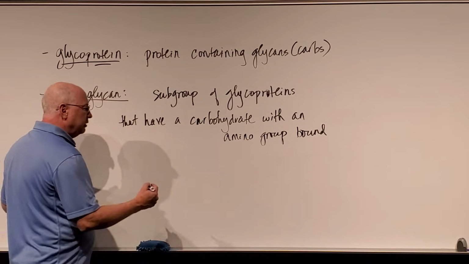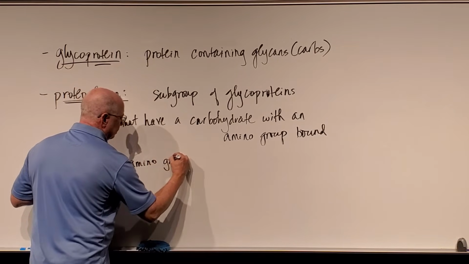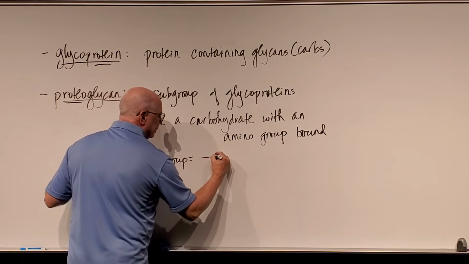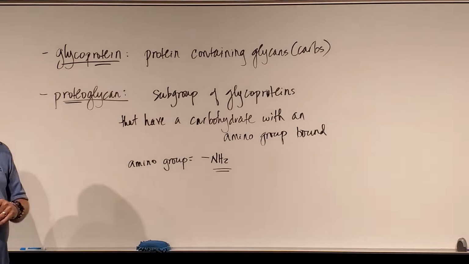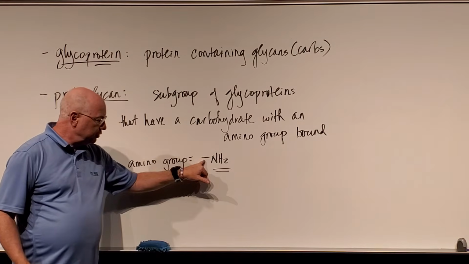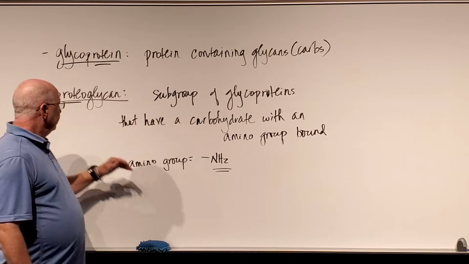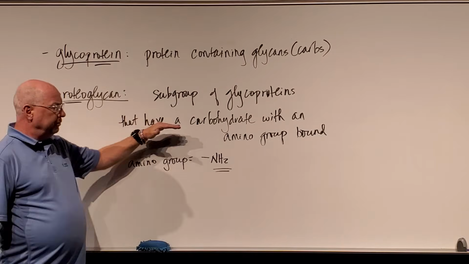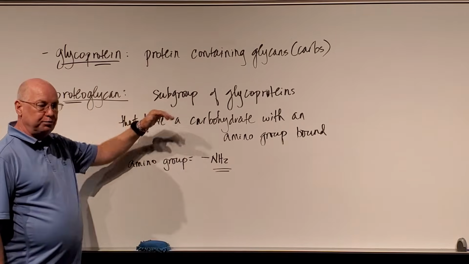So when we're talking about an amino group, to a chemist that means anything that has an NH2 group associated with it. A nitrogen and two hydrogens is called an amino group, and this would represent where it would be bound to some other molecule. So proteoglycans are carbohydrates with an associated amino group. They are a type of glycoprotein.